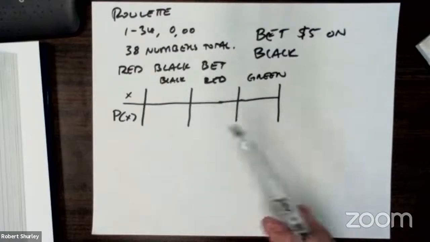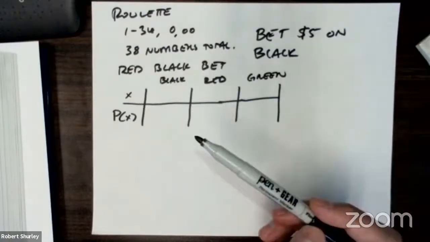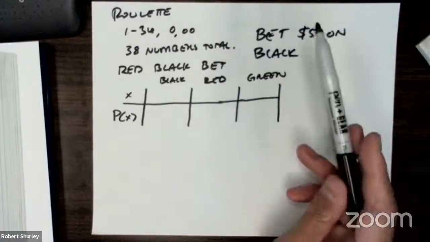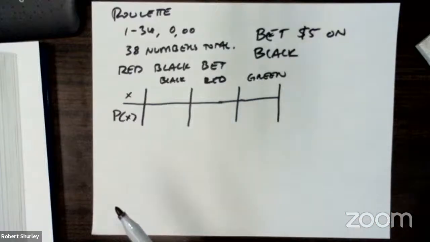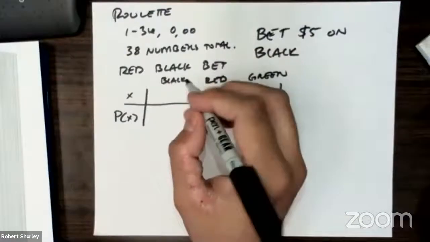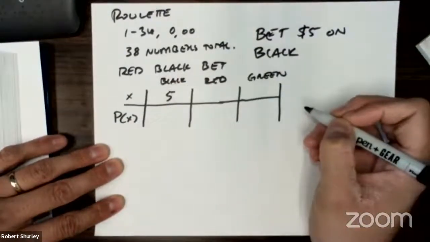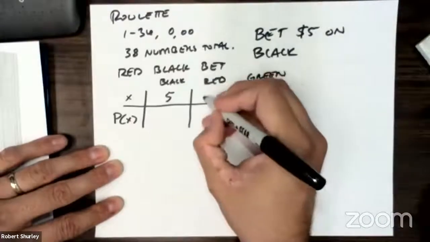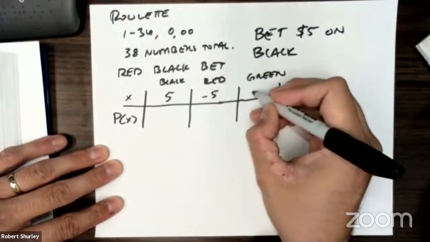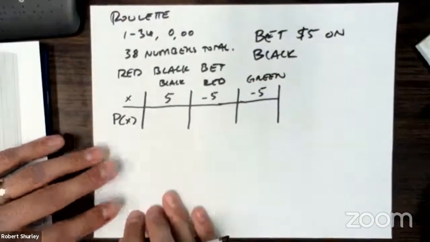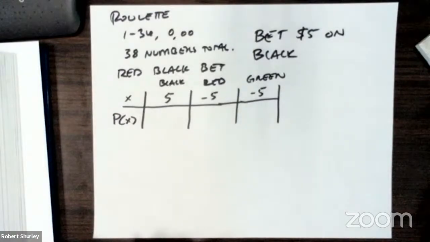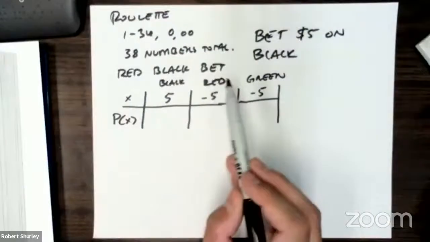Now, if you bet on a color in roulette, it's a 1-to-1 bet. So if you bet $5, you have the opportunity to win $5. If I'm betting on black, if it lands on black, I win $5. If it lands on red, I lose $5. And if it lands on green, I lose $5. Those are really the three different outcomes: black, red, and green.